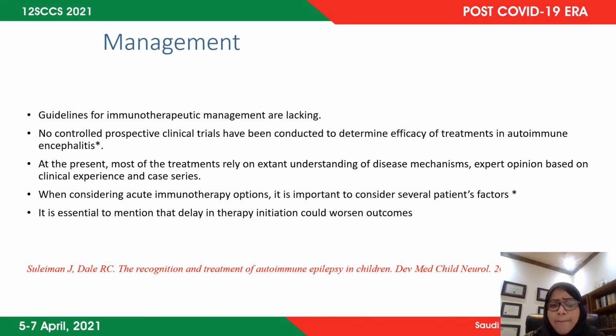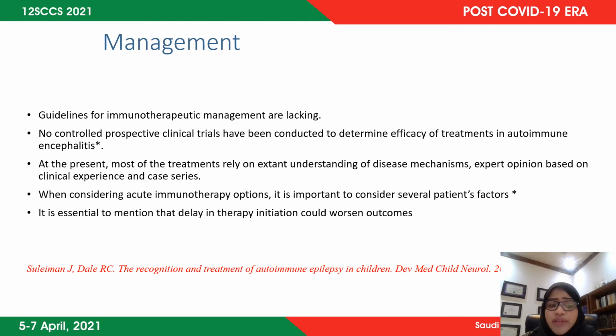When considering acute immunotherapy options, it's important to consider several patient factors, among them the time of onset of the presentation from the beginning of the disease, as well as serology. If you have a positive antibody, that might alter your management, as might comorbidities. All that can be taken into account.